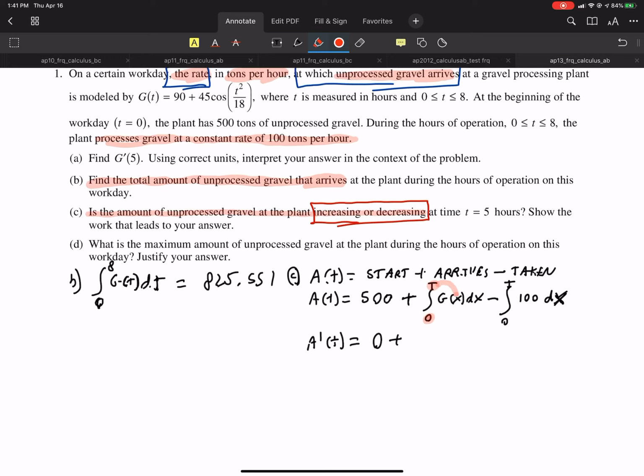We learned all you do is plug that in. Similarly here, you plug it in for x, and we'll talk about that. So this will be g of t minus, if I plug in t for x in the last part, there is no x. So when I plug it in, the t doesn't go anywhere, so I just end up with 100. So I need to know if this is positive or negative at 5.